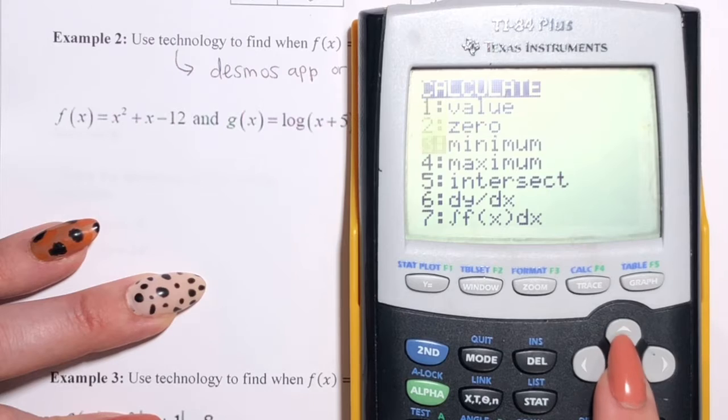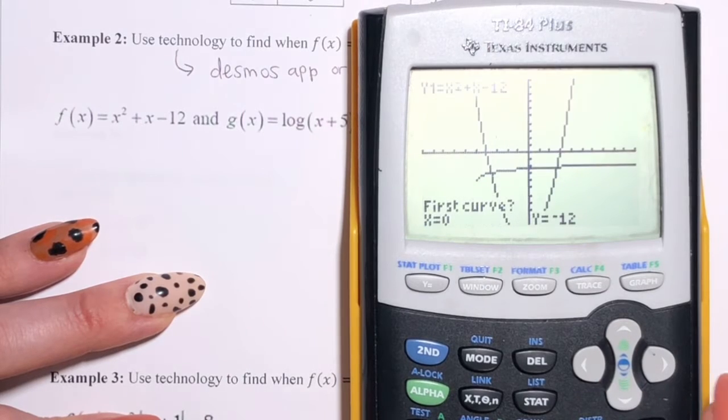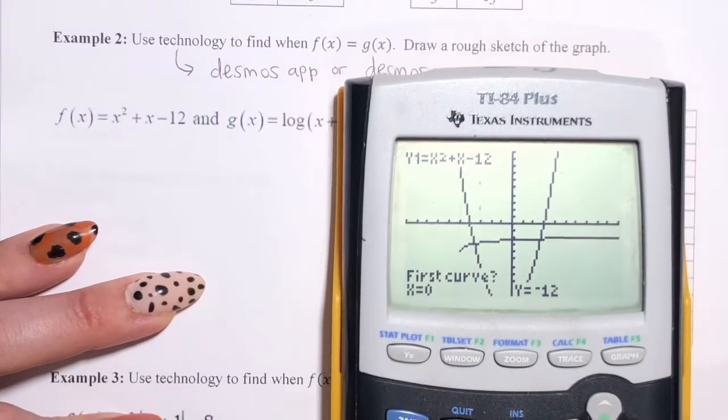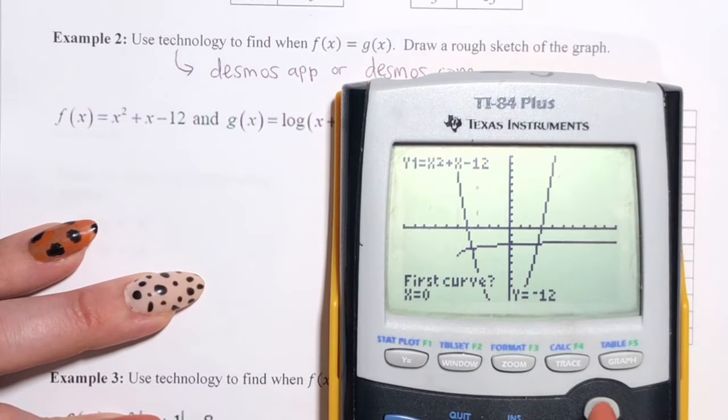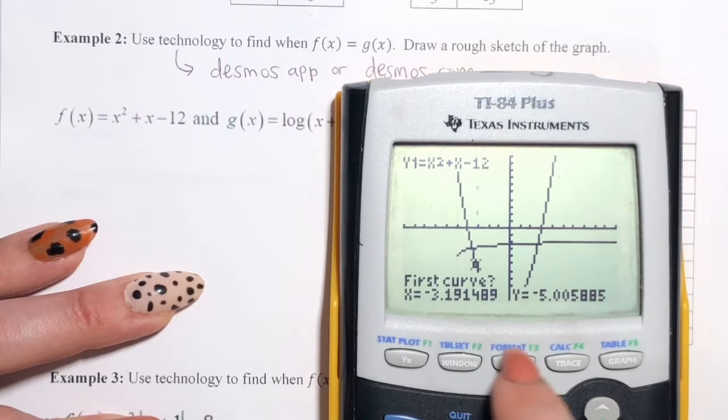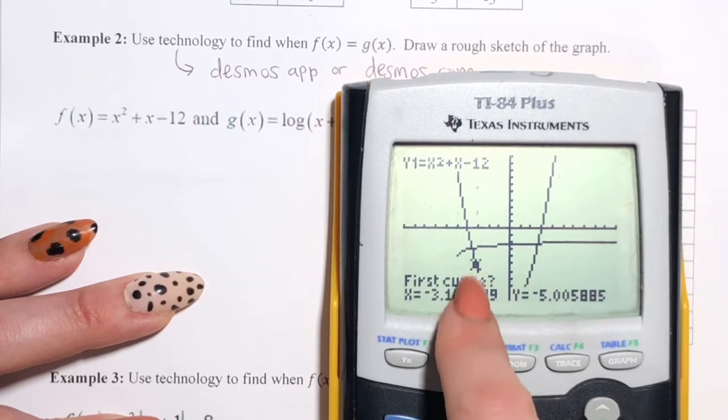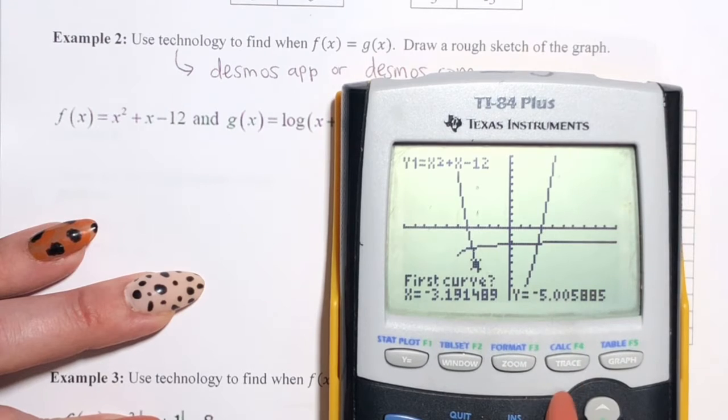So we're going to go down to intersect. You should have a little dot. Mine's not showing up, so I need to move my cursor until I see it. So I think it was down here beneath where I could see this curve. So sometimes you might have to move your arrow keys until you can find that dot.